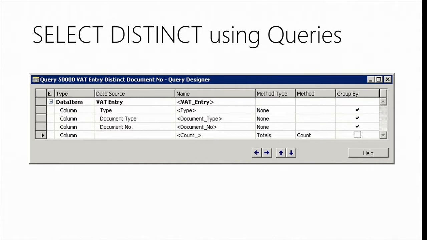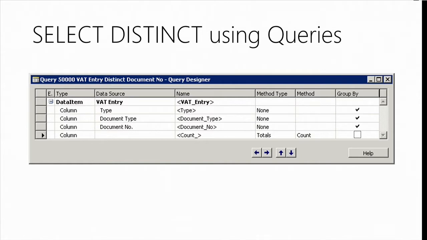For those of you who remember the old reporting stack, you will also remember that reports back then were also very good at doing select distinct. So when we moved our report stack from the classic to RDLC, there were a few issues reported. Many.